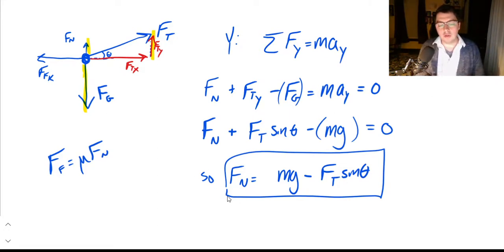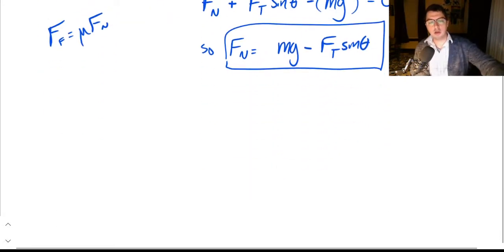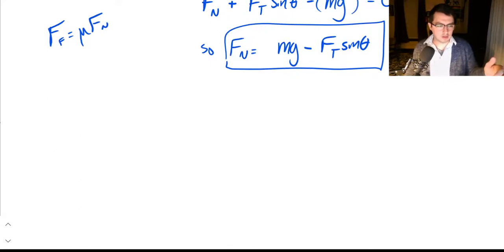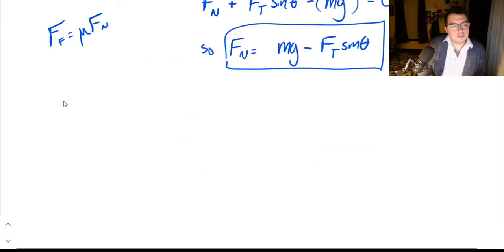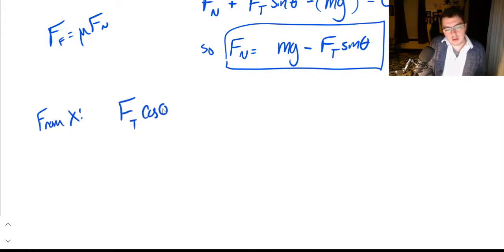Now that we have this normal force, F_N equals mg minus the force of tension times sine theta, we can go back to our previous equation from the x direction, which was F_T cosine theta minus mu F_N equals 0. So now I just make a substitution.